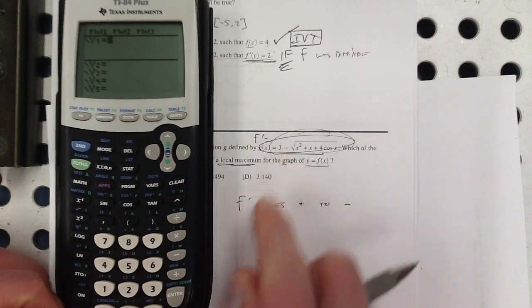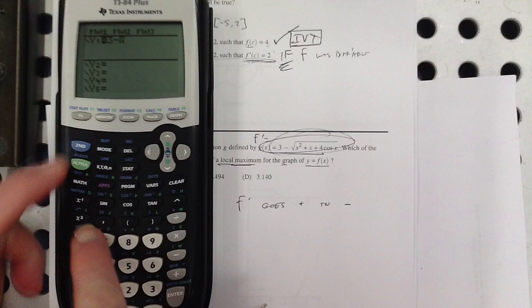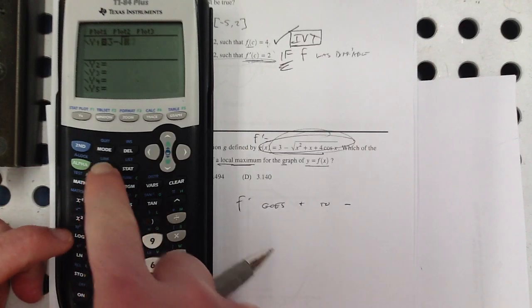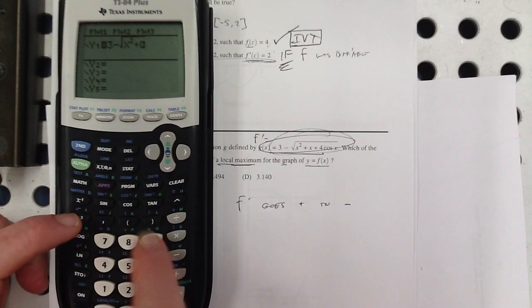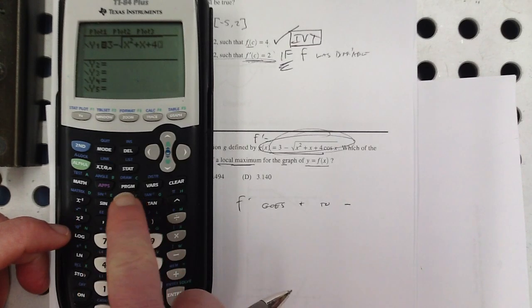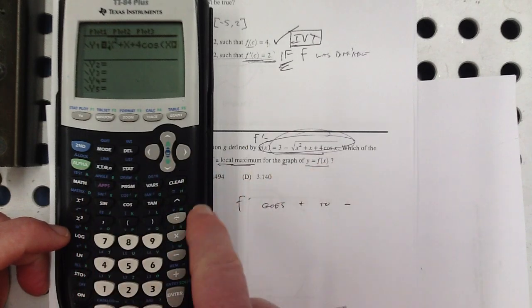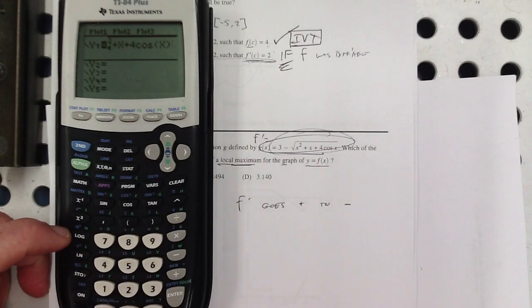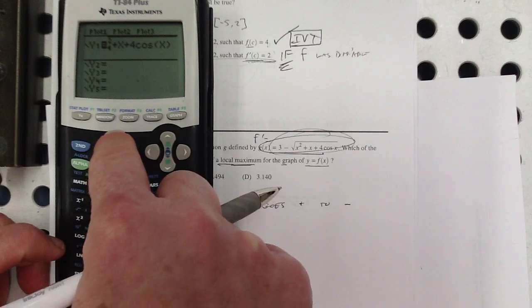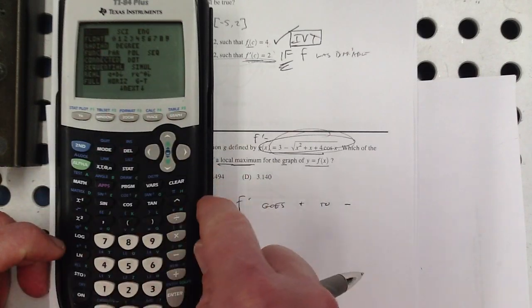So I'm going to graph this, 3 minus the square root of x squared plus x plus 4 cosine x. I haven't checked, that's the first time I'm using a trig function here. I have not checked yet to make sure that I am in radian mode. I am, good.